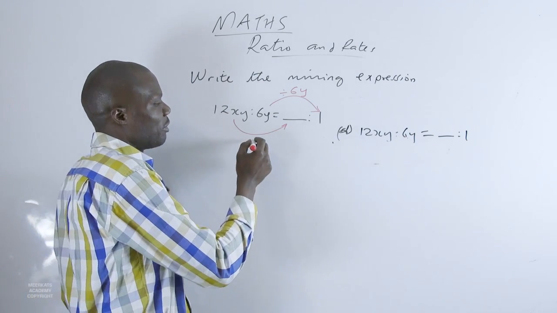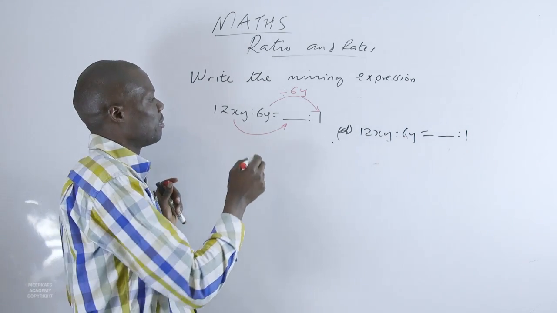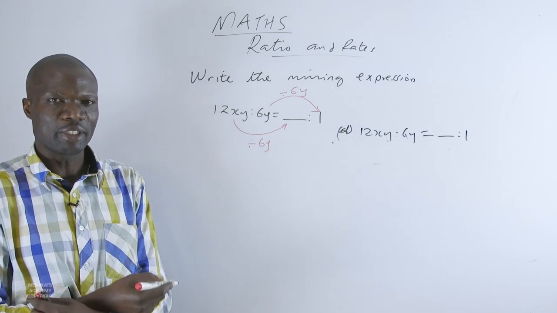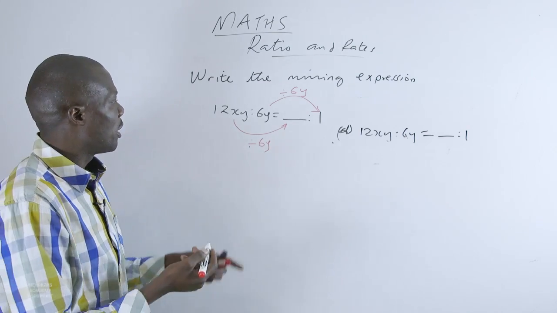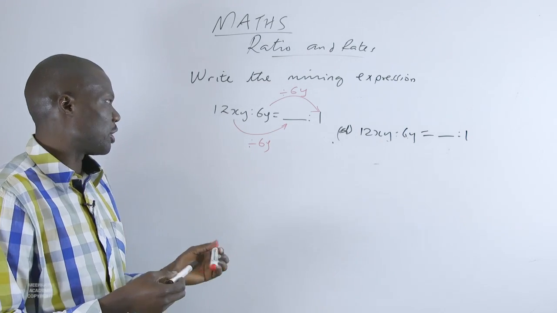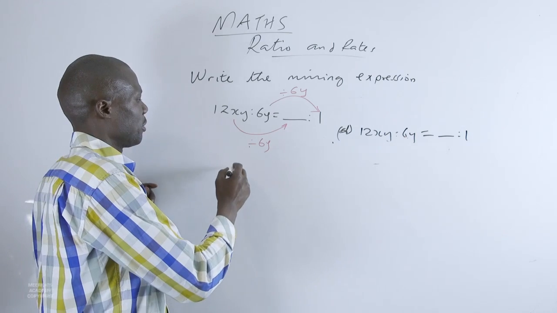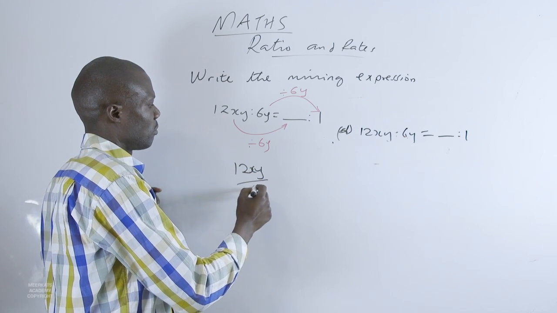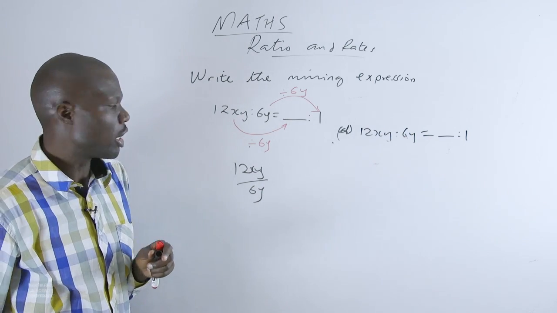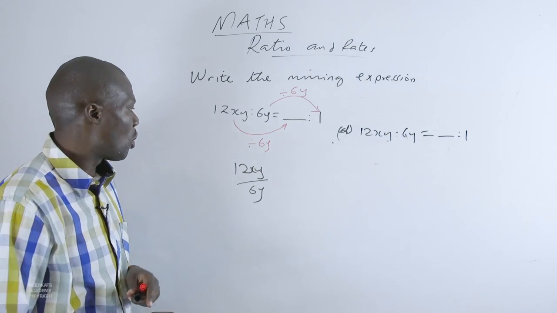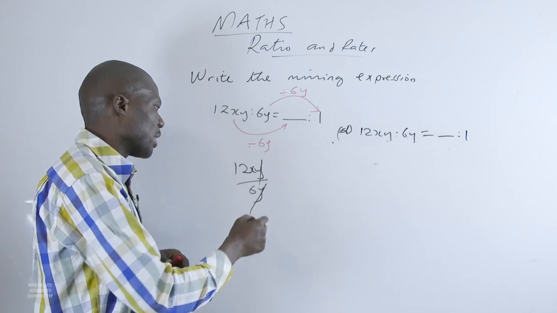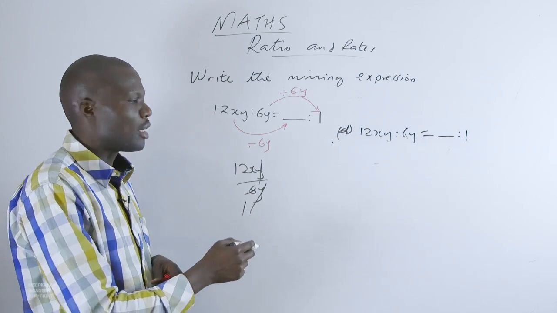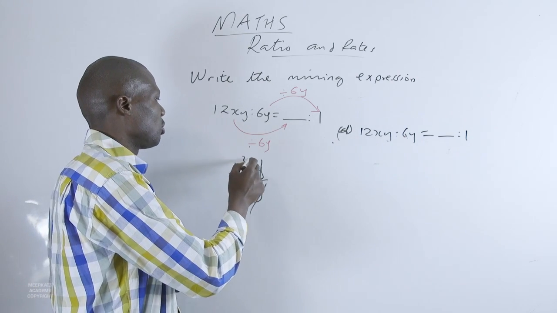Therefore, we must divide the other term also by the same. Divide by 6y. In the division here, just to illustrate, it is the same as saying 12xy over 6y. So y and y cancel, it remains 1. 12 divided by 6 is 2, so we have 2x.